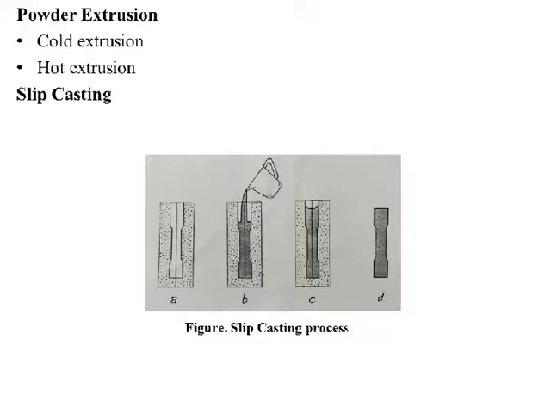In figure C, the mold is left for setting, and figure D indicates the final product obtained after detaching the part from the POP mold. Any extra flash material is trimmed away, and the final product is obtained as shown in figure D.